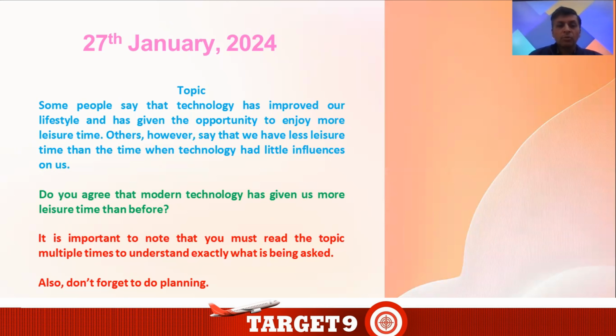With planning, you will brainstorm, get the ideas, then segregate those ideas by which is more important and more crucial, and go with only those ideas which are more relevant as compared to the lighter ideas, because when we brainstorm we get a lot of ideas. Okay, so in this essay we are going to have an introduction, body paragraph 1 and body paragraph 2. As I'm agreeing, both the body paragraphs will talk about one idea: why modern technology is giving us more leisure time.